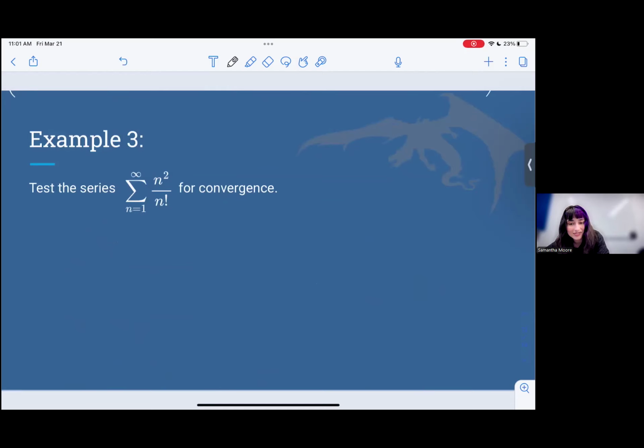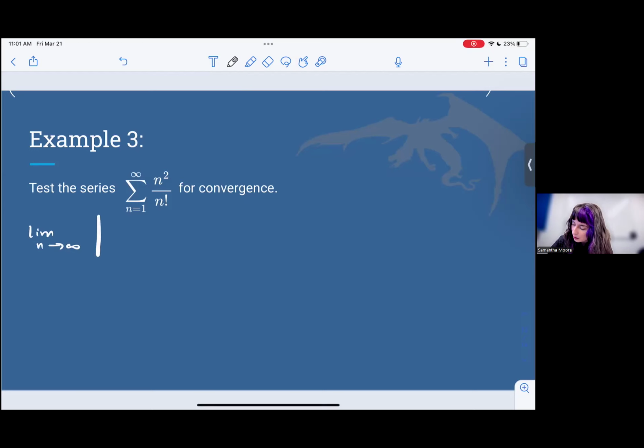Let's do another example. So we're looking at n squared over n factorial. Ooh, interesting. We haven't had many tests that seem to be useful for factorials yet. Okay, let's test this using the ratio test. So we want to look at the limit as n goes to infinity. Let's see.